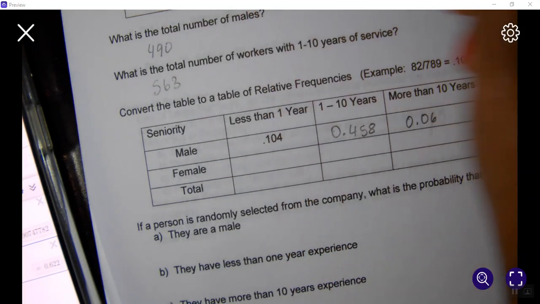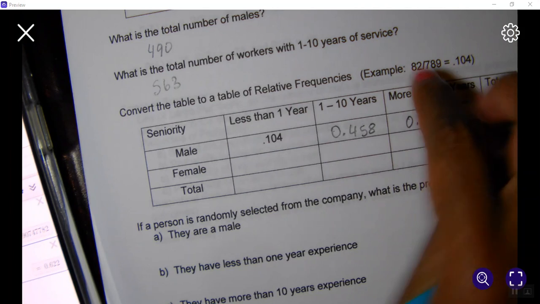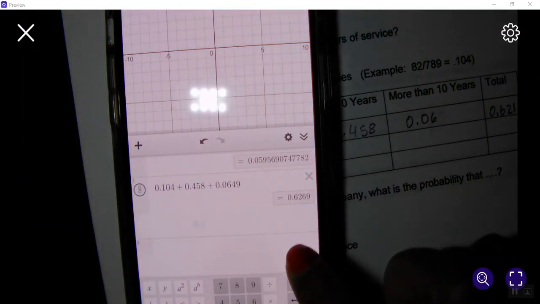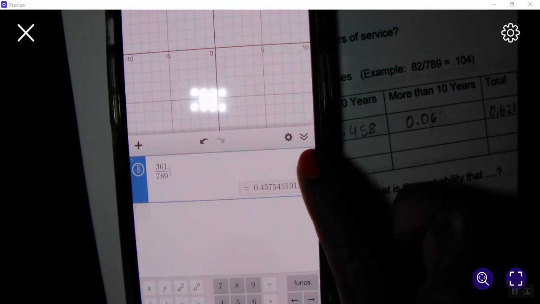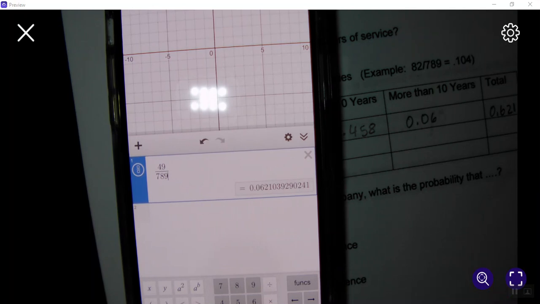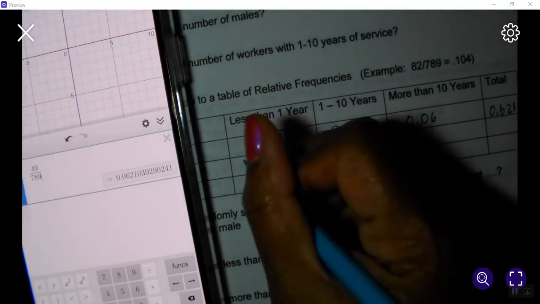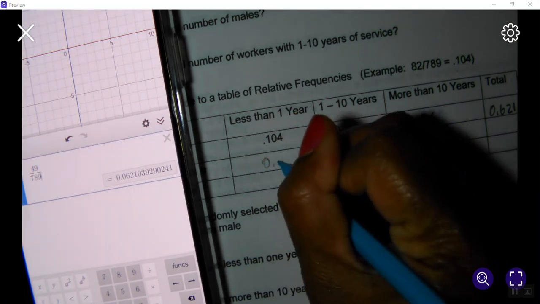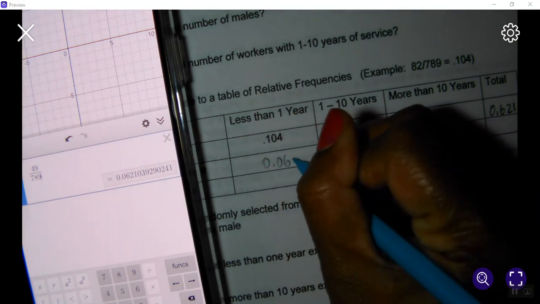So you have 49 divided by 789. Oops. 49 divided by 789, which is 0.062.